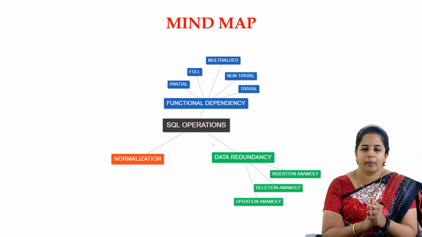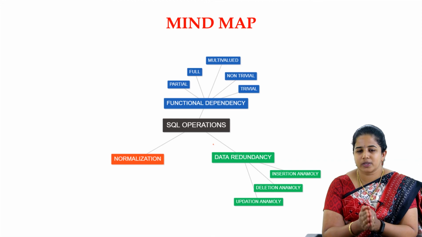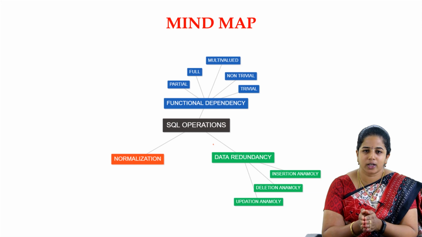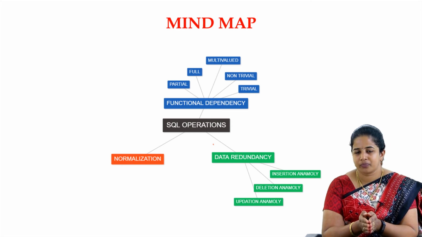Okay, so we have come to the conclusion part of today's class. The topics which we have seen: we have seen functional dependency. Functional dependency is a relationship among different attributes in a relation. It can be trivial, non-trivial, multi-valued, and there are full and partial dependencies.